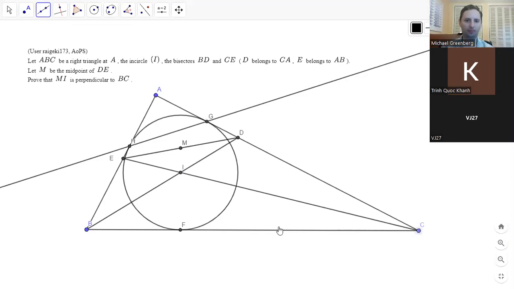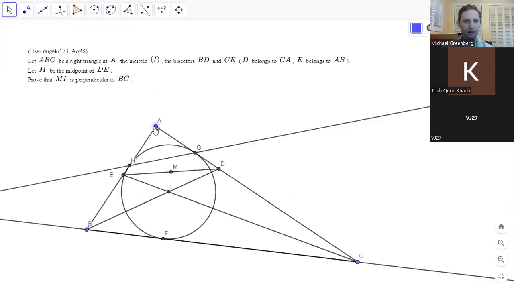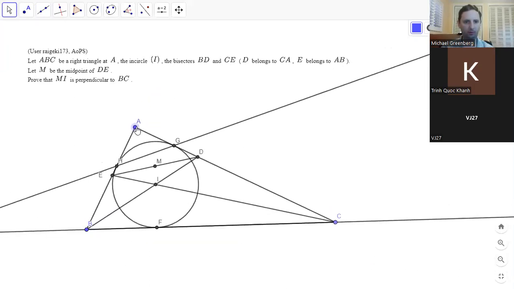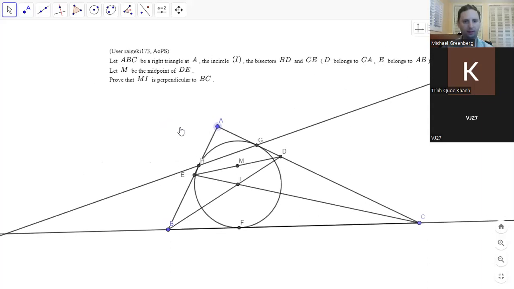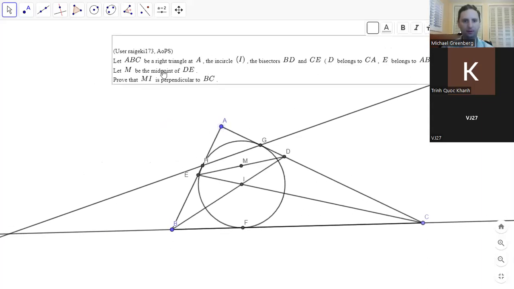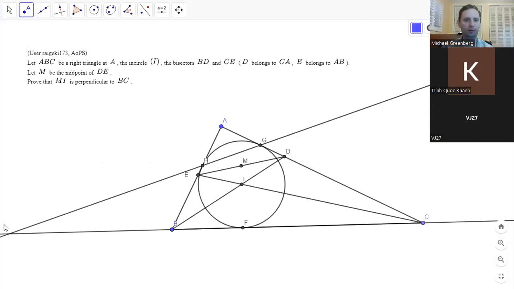So basically, we want to draw this, and then we want to show that this line is parallel to DE. So we want to show IJ is parallel to DE.